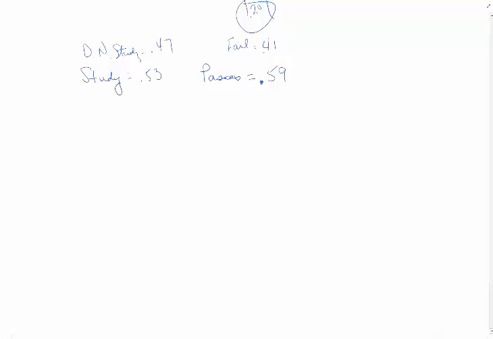The probability that a student passes a class, given that he or she studied for the class. So pass over study, that probability equals 0.89. Good.